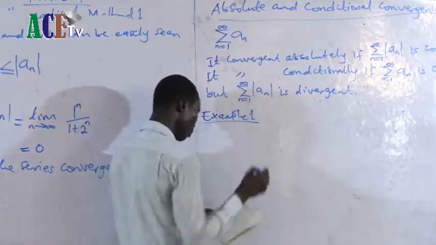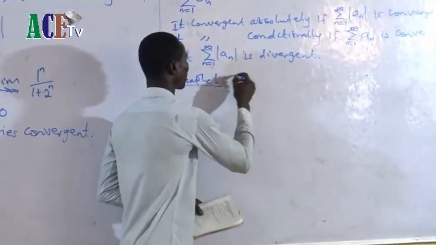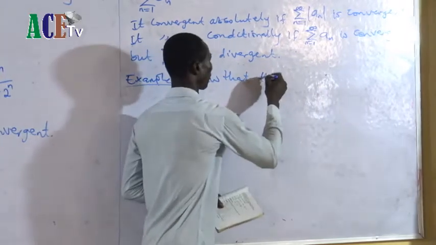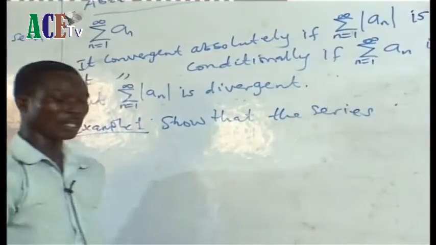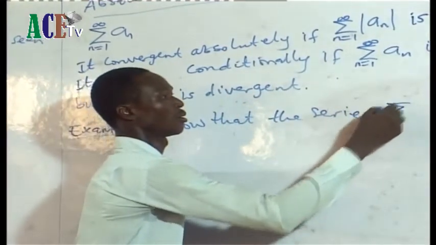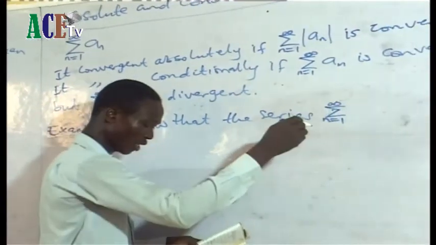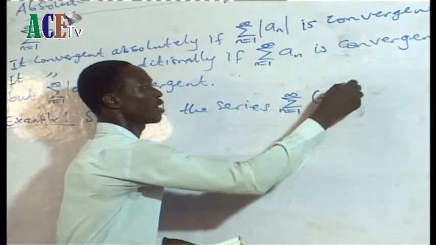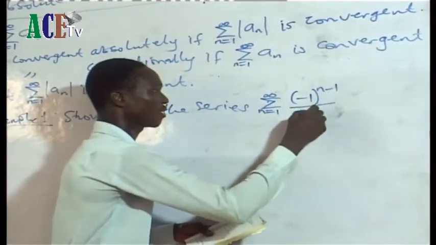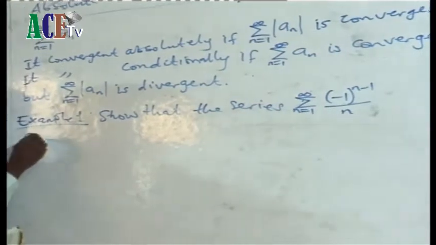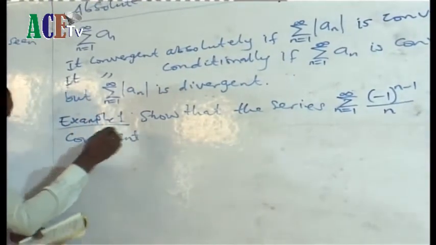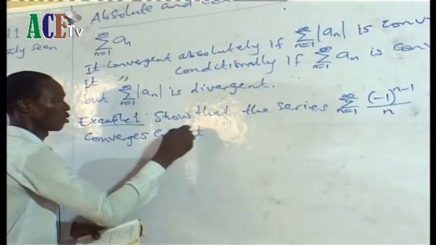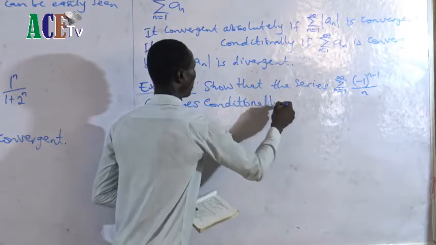Example. Show that the series, the sum from n equal to 1 to infinity of (-1) raised to the power n minus 1 over n, converges conditionally.